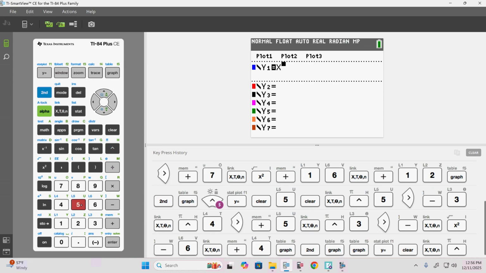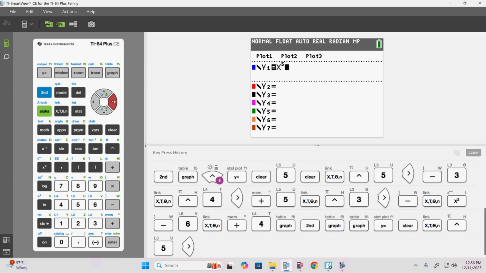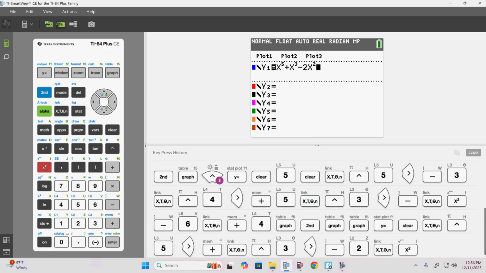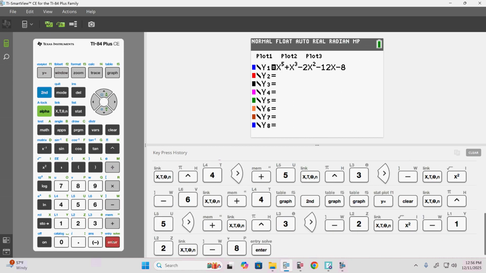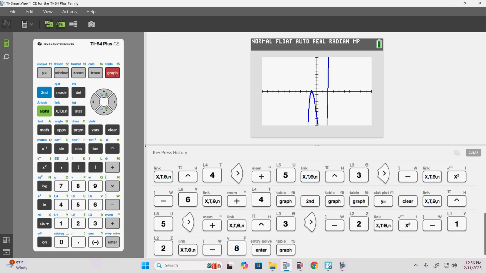So we're going to plug it in as x to the 5th plus x to the 3rd minus 2x squared minus 12x minus 8, and we're going to hit graph. Now we see that it intersects the x-axis at two spots. There's two locations where it's going to cross the x-axis.